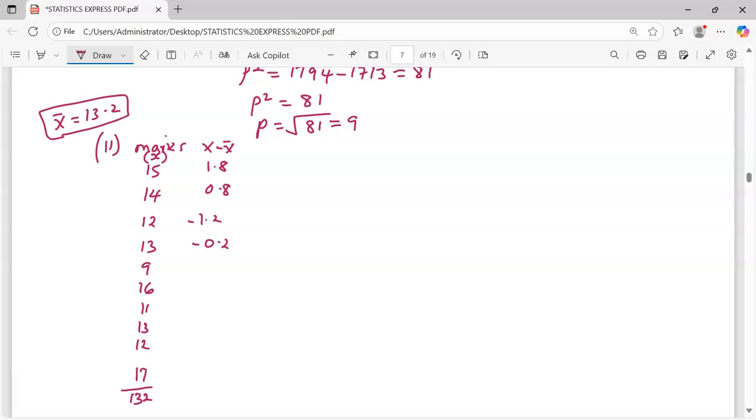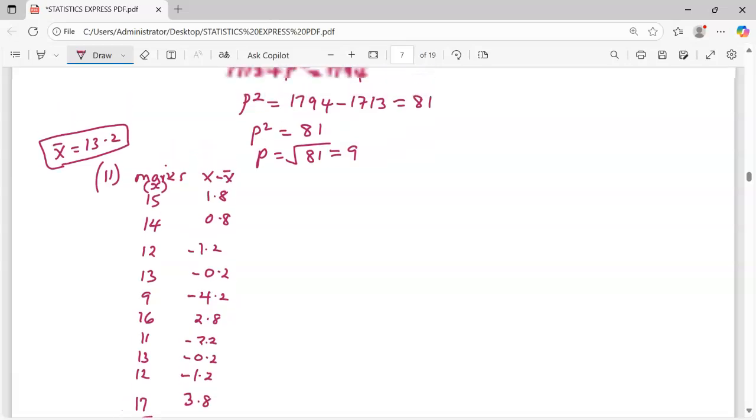Then 9 minus 13.2, you get negative 4.2. Then 16 minus 13.2, you get 2.8. 11 minus 13.2, you get negative 2.2. 13 minus 13.2, you get negative 0.2. And 12 minus 13.2, you get negative 1.2. 17 minus 13.2, you get 3.8.